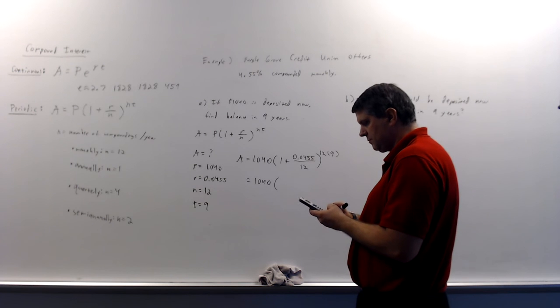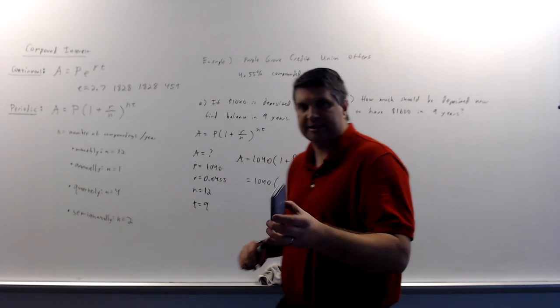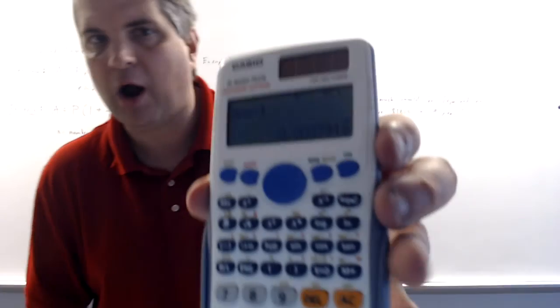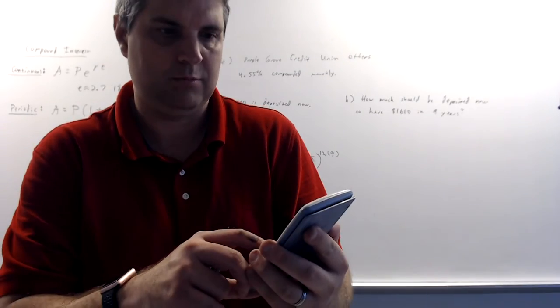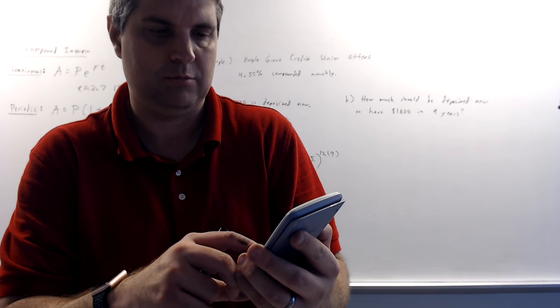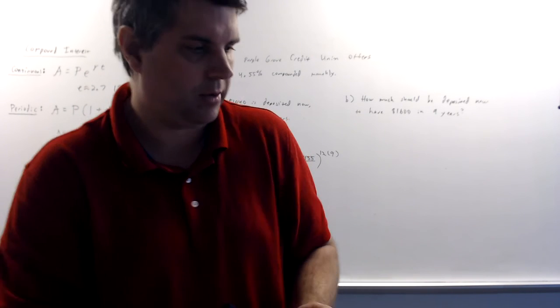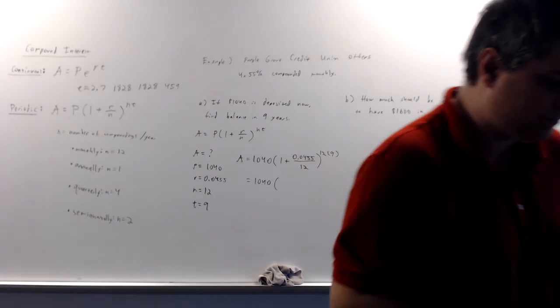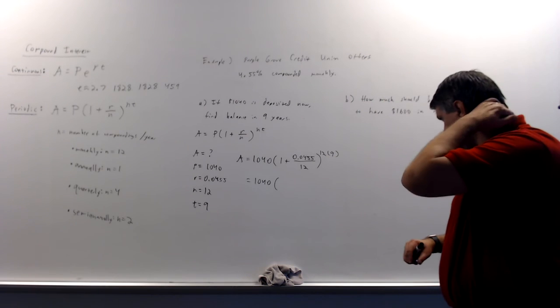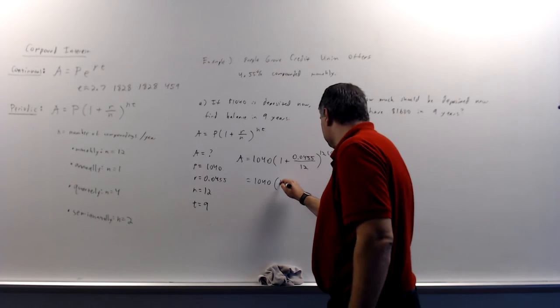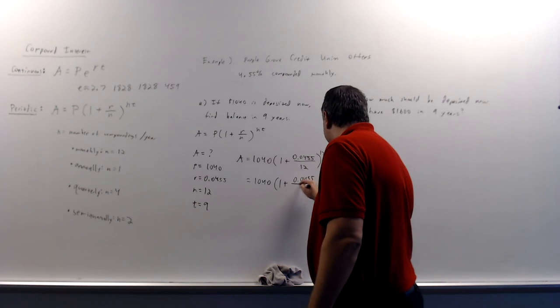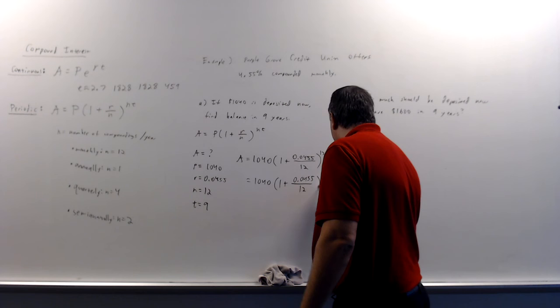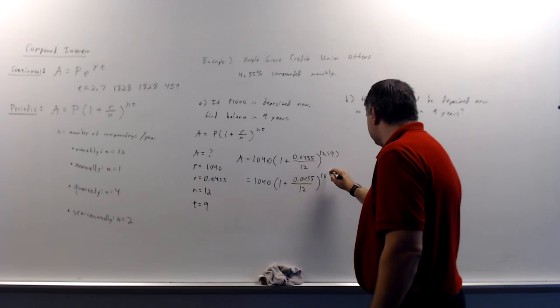As you can see, there's a bar on top of my 6 that tells me it repeats forever. So that doesn't divide cleanly, so I'm going to leave it as is. Most problems will not round cleanly, so I recommend you get in the habit of just leaving these in parentheses.